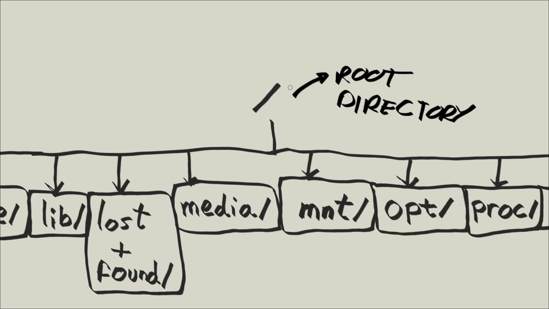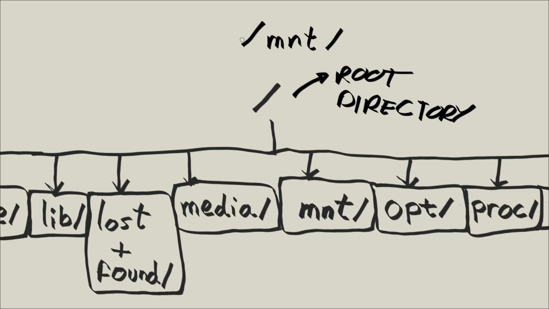So if we have the root directory, and then later on a folder called mnt, then we have a hierarchy which goes /, that's the root directory, and then mnt.